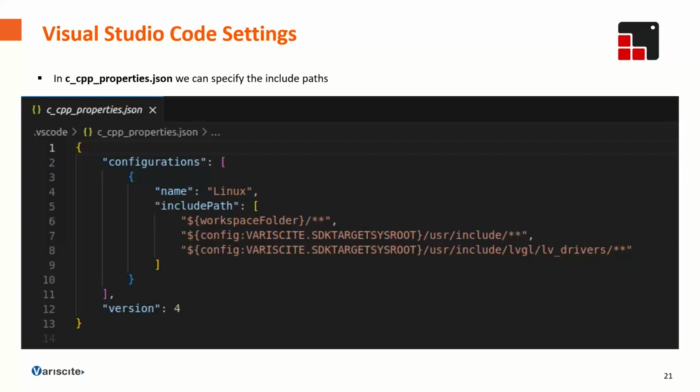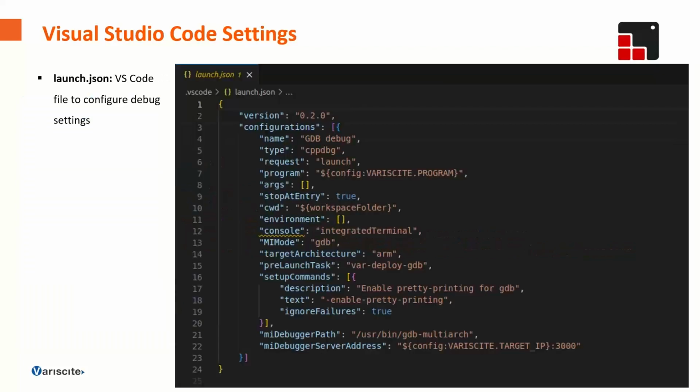Specifically for LVGL, to make the application work in the standard way, we also added the LVGL path, because some of the header files directly refer to this path as, let's say, the main path. So summarizing, the C++ properties is just for the include paths.